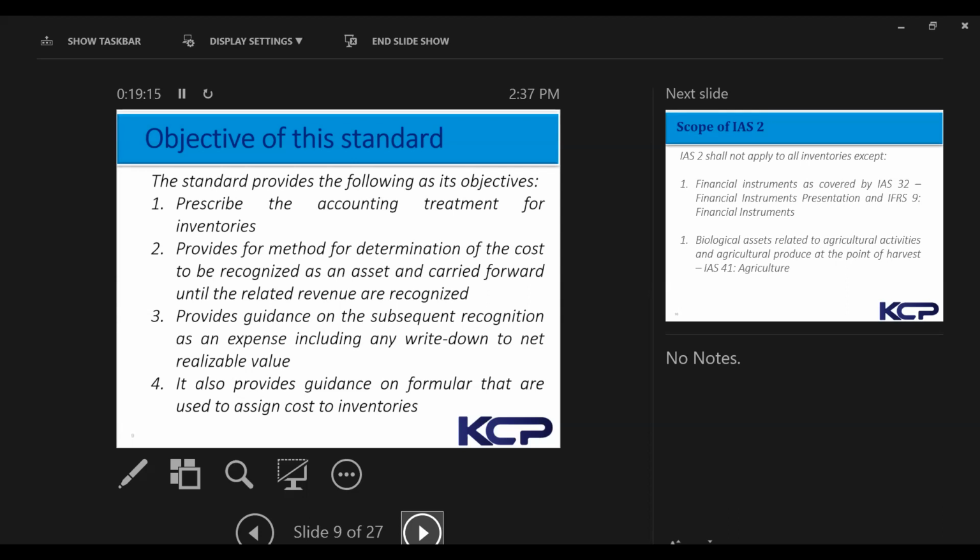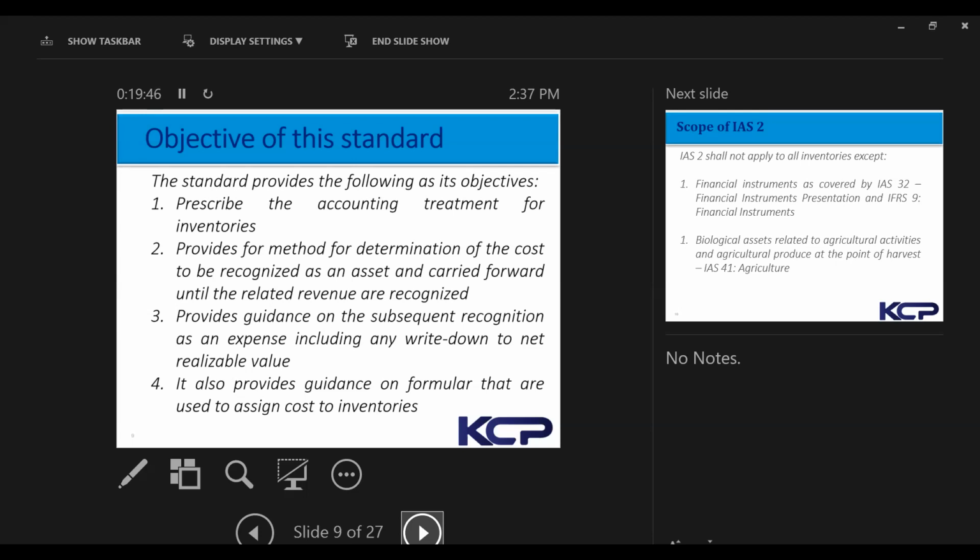So in line with the standard, you also have to adjust the cost as an expense, including any write down to net realizable value. So when you are writing it down, you are writing it down from the inventory, which is a current asset item, to where? To expense. But factors that made it lose its value could also reverse itself.